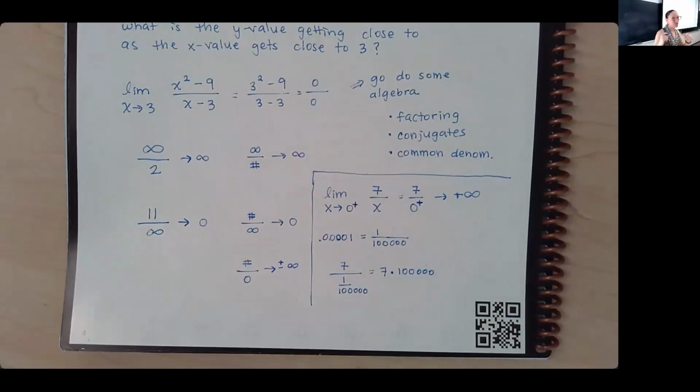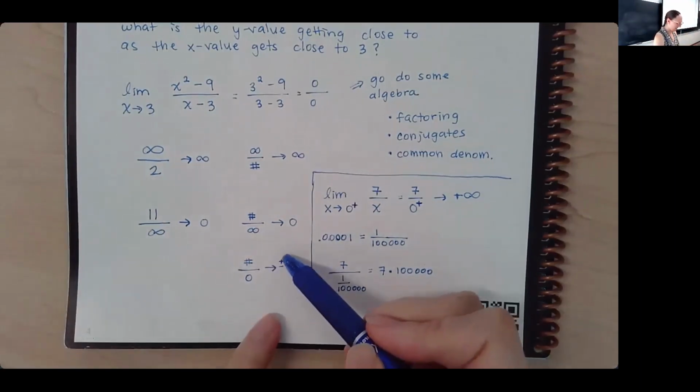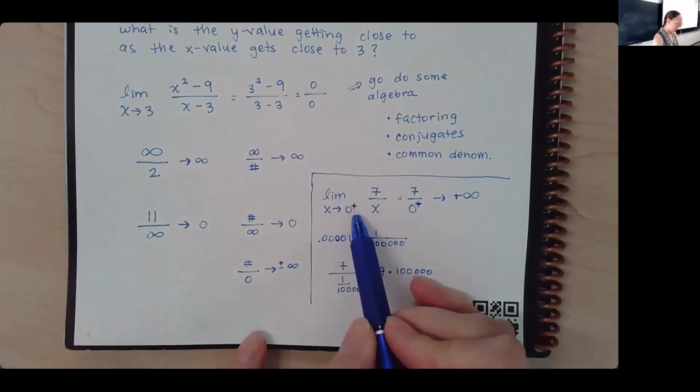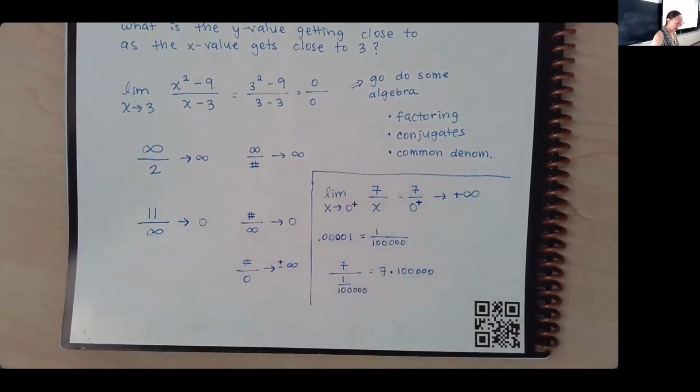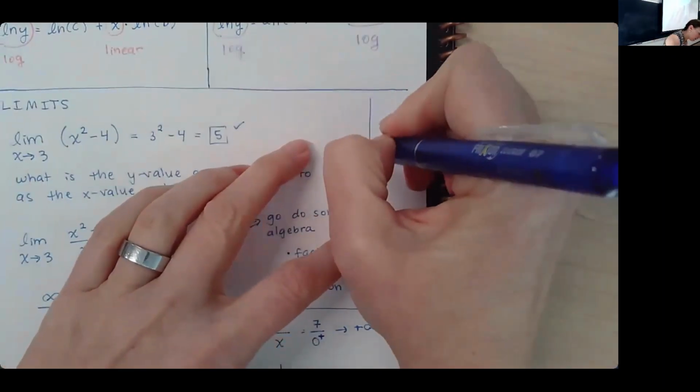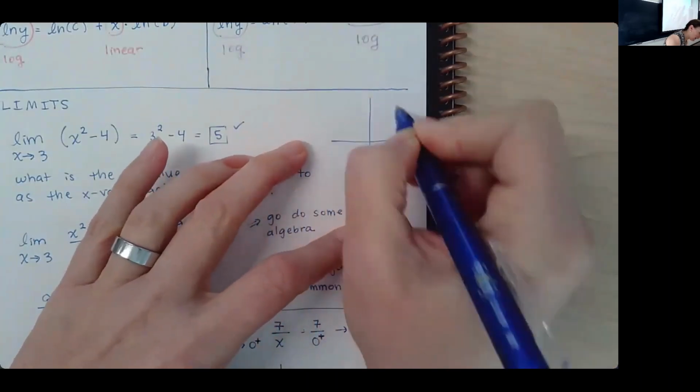But we want to be careful to think about which side we are coming from to figure out if it's a positive infinity or a negative infinity. So if there's a negative number on top, that would also determine it. It'll also depend which side we're on. So like if I think about the graph of y equals 7/x, I'm going to squeeze it in up here. It's pretty small, but I got this.